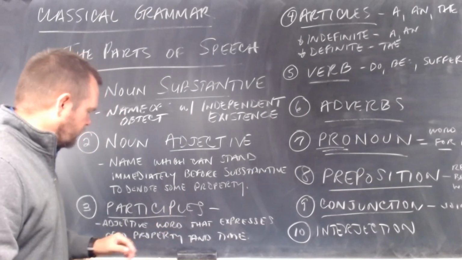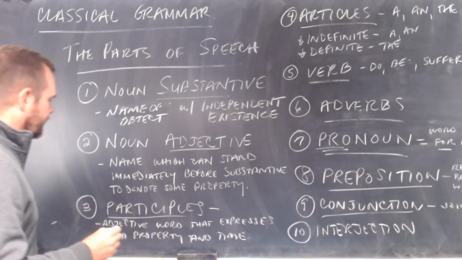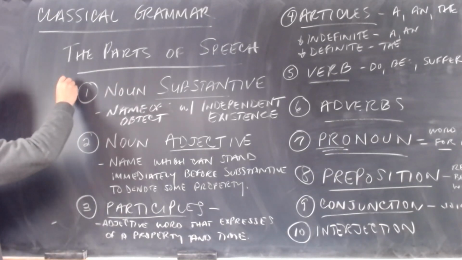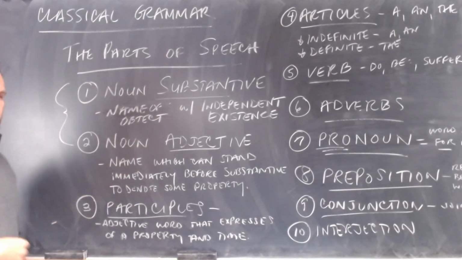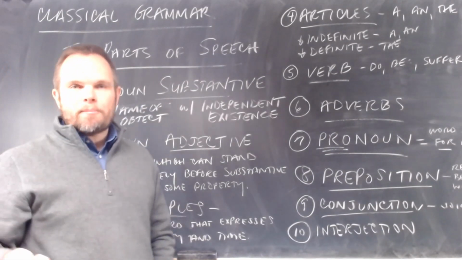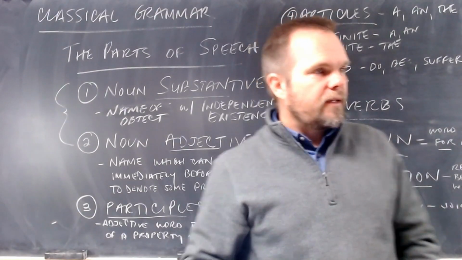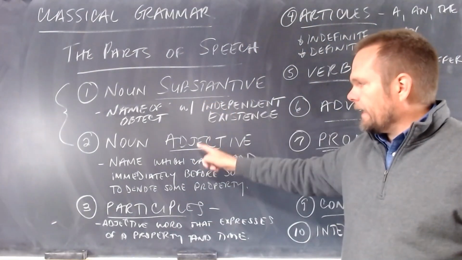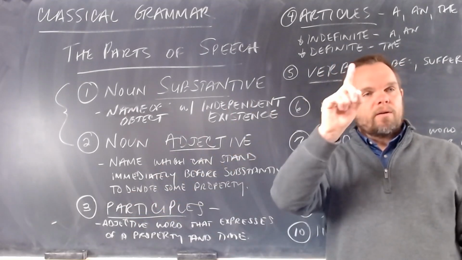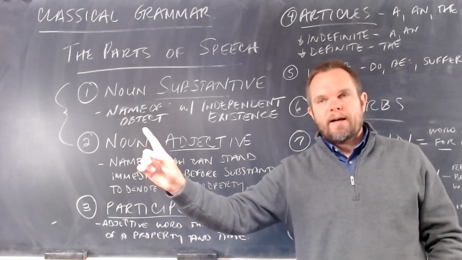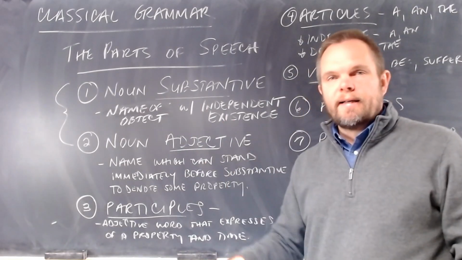And I just want to make sure you see the differences. The first important difference is that in English, substantives and adjectives are often treated as 2 separate parts of speech. Okay? Substantive nouns and adjective nouns are treated as 2 separate parts of speech. In Latin, they're 1 part of speech. They're just called nouns. And there's just 2 kinds of nouns.